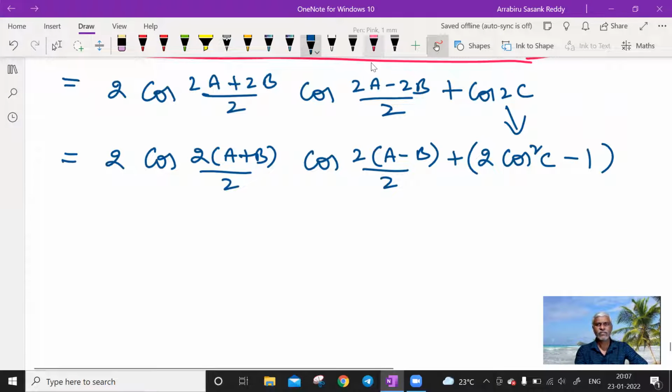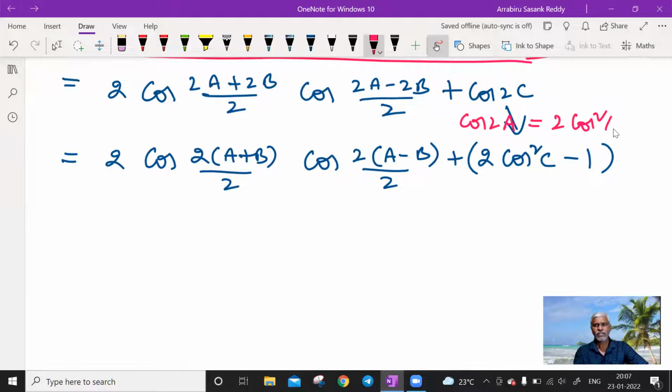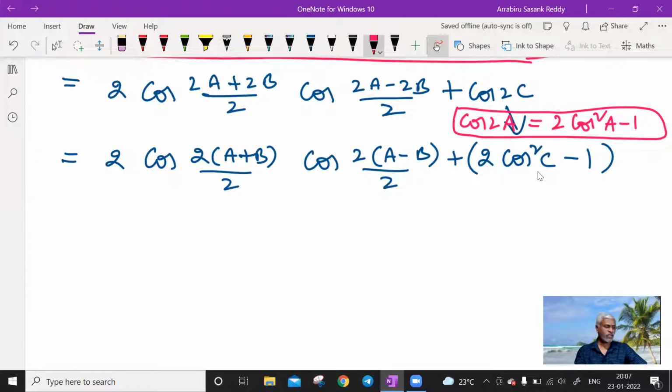So this is the cos 2C formula. Cos 2A is equal to 2 cos square A minus 1, using this formula. So cos 2C becomes 2 cos square C minus 1.